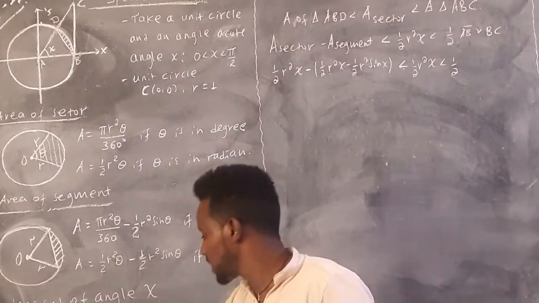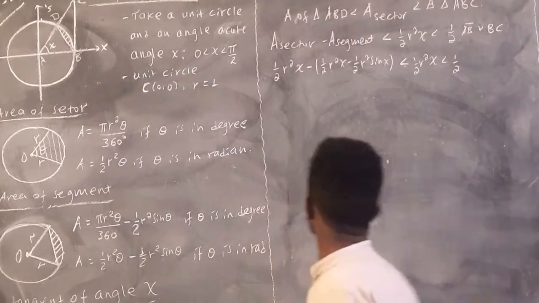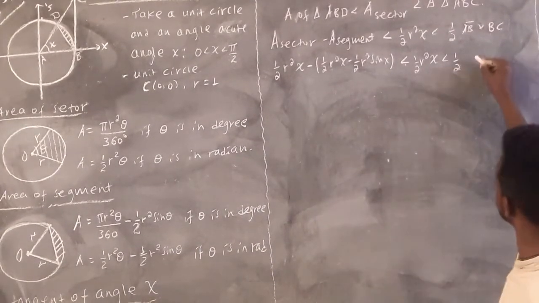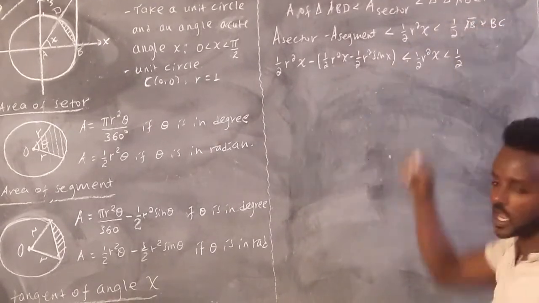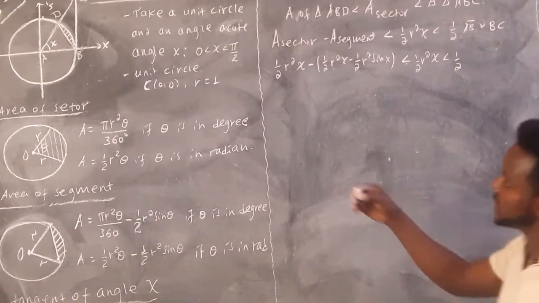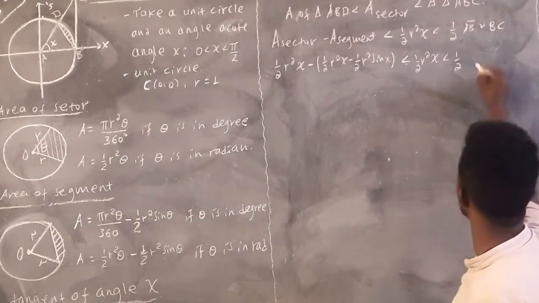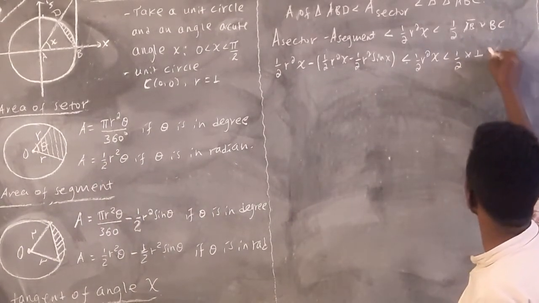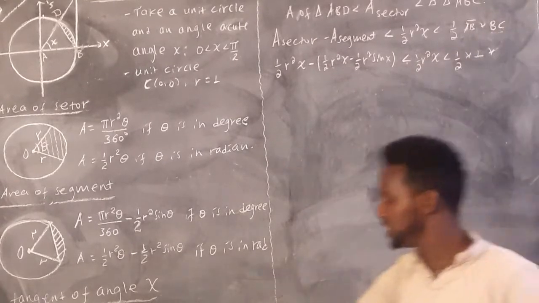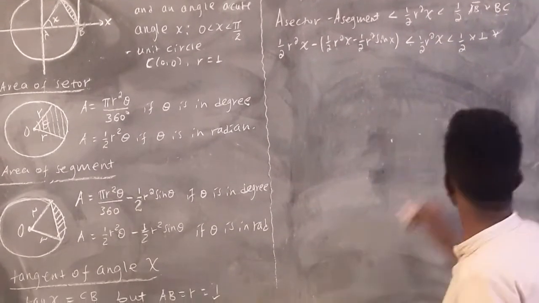So tan x is BC, and half times AB, which is 1 unit, times 1 times BC, where BC is tan x.